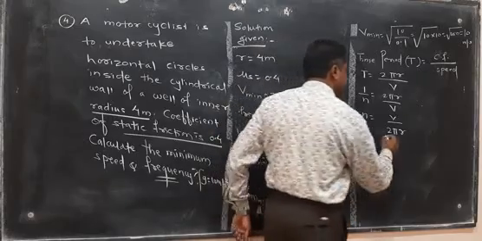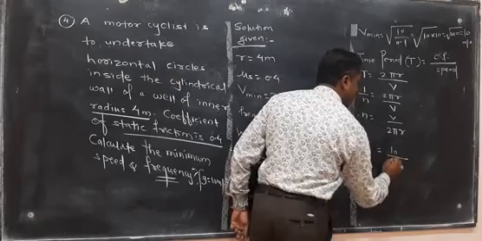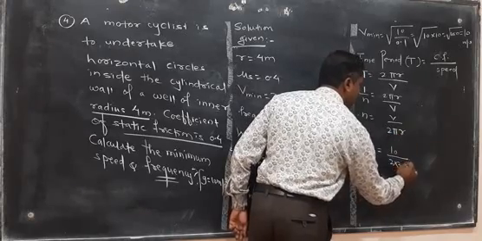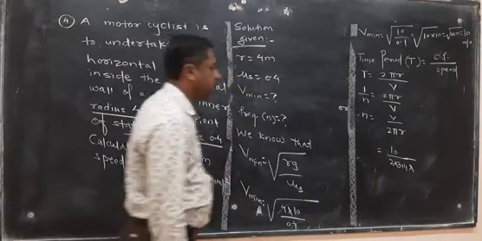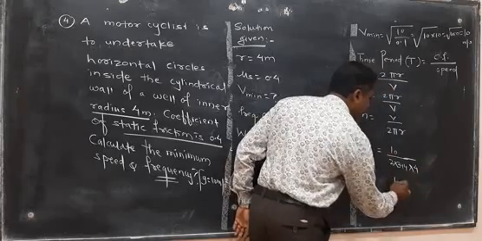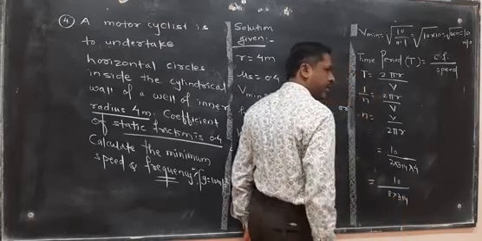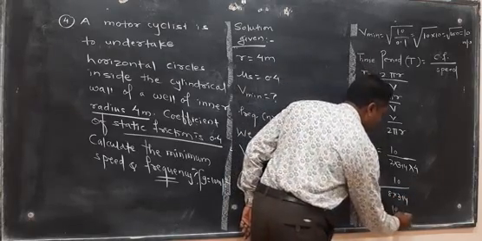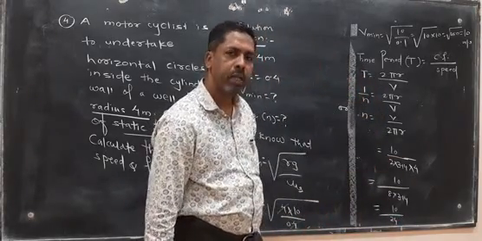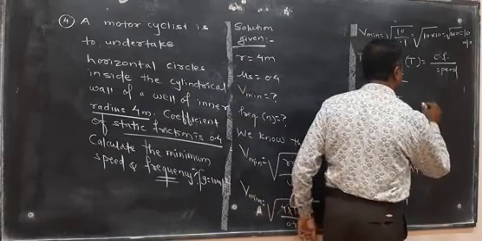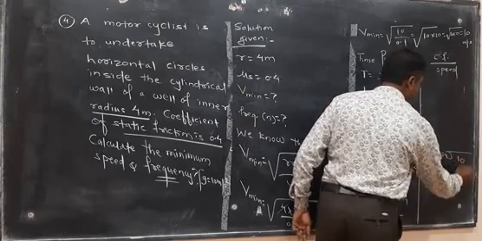So put the values here. What is v? Velocity is equal to 10, the value of pi 3.14, and the radius r we already have, 4 meter. So it becomes 10 upon 2 into 4, which is 8, into 3.14. Or, in round figure, 10 upon 8 into 3, which is 24. Just solve it. 24 and 10.